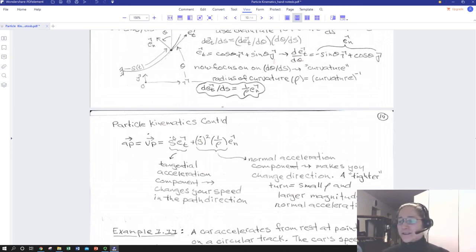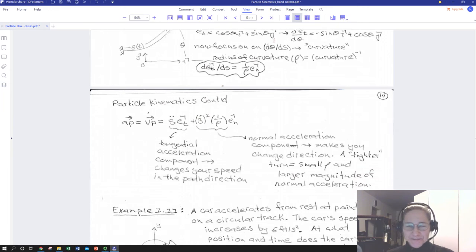So very similar to certain components of our polar cylindrical, provided that the path is a circle. If we had a radius of curvature that was constant, we would end up with a constant expression here, something that looks an awful lot like one of the expressions in our cylindrical acceleration.